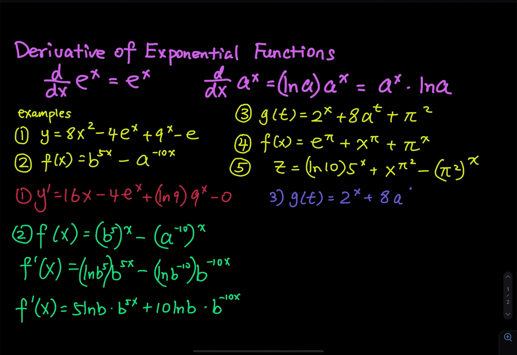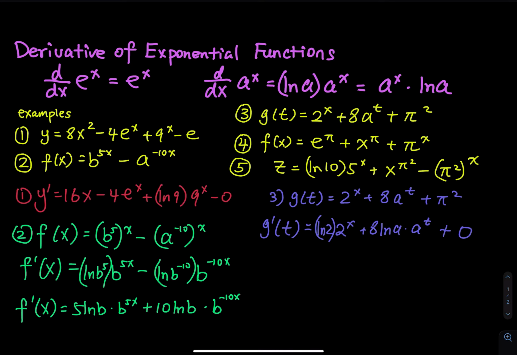All right, so a to the t, a is a base, plus pi squared, and then g prime of t is equal to, so that one follows the a to the x rule, so you write this one more time and then ln 2, and then the a to the t, same thing, so you write ln a and then times a to the t, and then the pi squared, pi is a base, and then pi squared is just a constant, so which is just a 0. Pi squared is just a constant. So that's it for number 3.